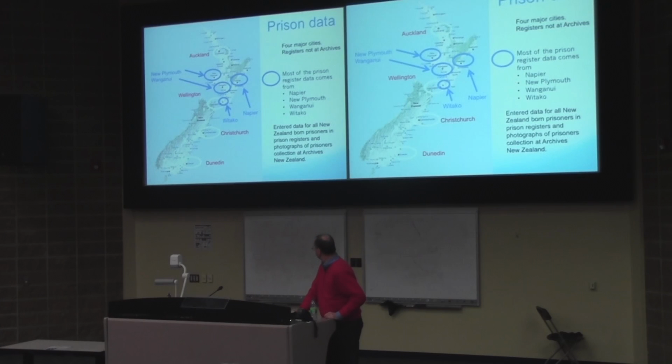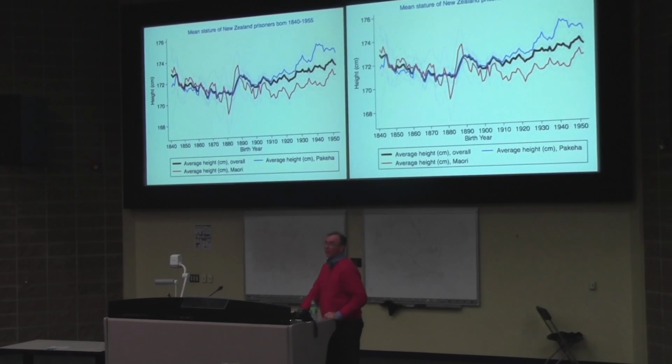I'll just go on. Here's the prisons in New Zealand. And what's useful about this is it's telling the same story. The red and the blue overlap in the 19th century. So people born in the 19th century, Maori were as tall as Pakeha, but the lines diverge afterwards.